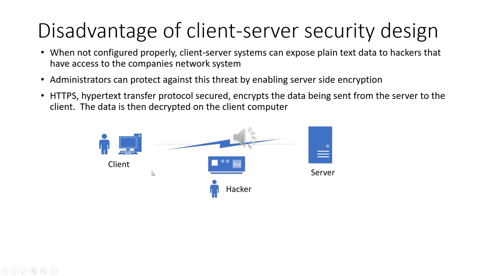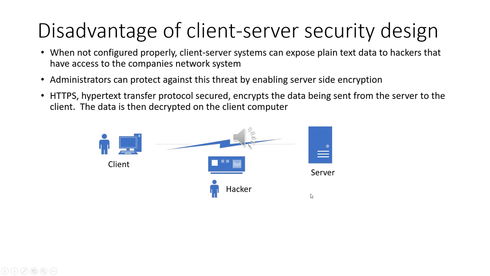We can see here in this design, we have a client on the left, the server is on the right, and the communication link is in the middle. Inserted into the communication link is a hacker who has a device that can read the network traffic that's coming across. An example of HTTP traffic, which is unencrypted: the hacker can see in plain text the username, John Doe, and their password, this is my password, when it is entered and transmitted across the network to the server.